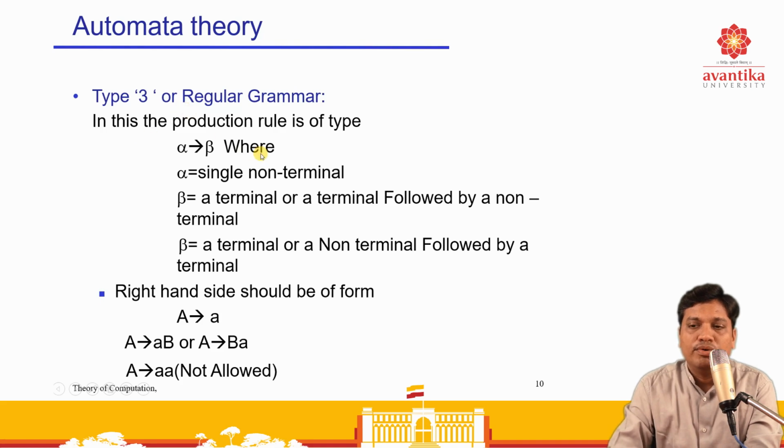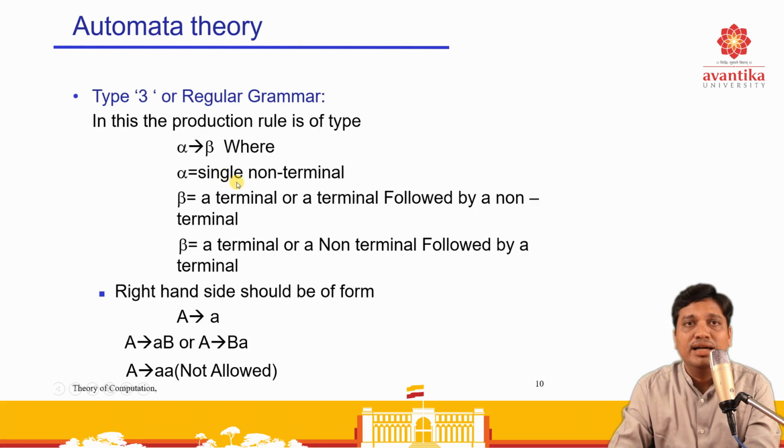The fourth type, according to Chomsky, is regular grammar, type 3 grammar. In this production rule, alpha tends to beta, where alpha equals a single non-terminal. The same condition as context-free grammar. And beta is a terminal, or a terminal followed by a non-terminal.